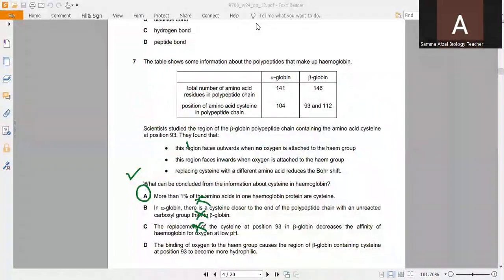Question number 7. The table shows some information about the polypeptides that make up hemoglobin.